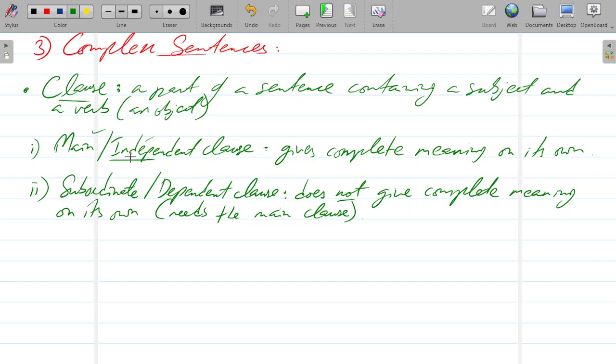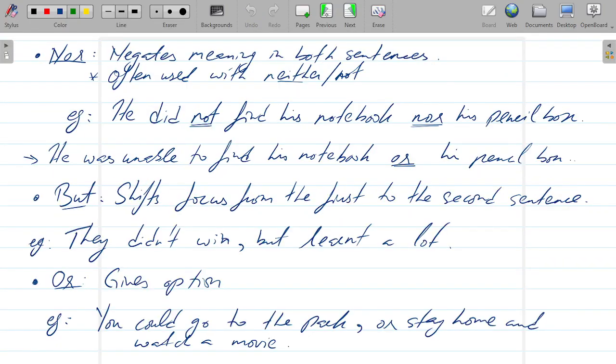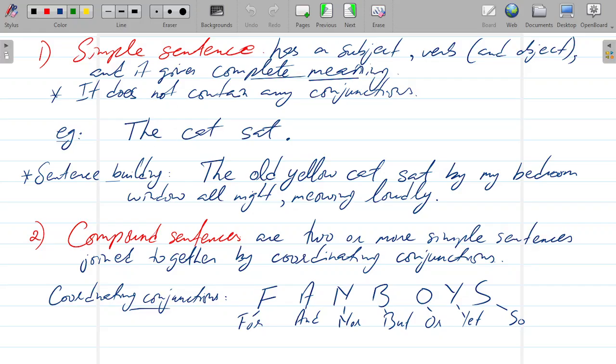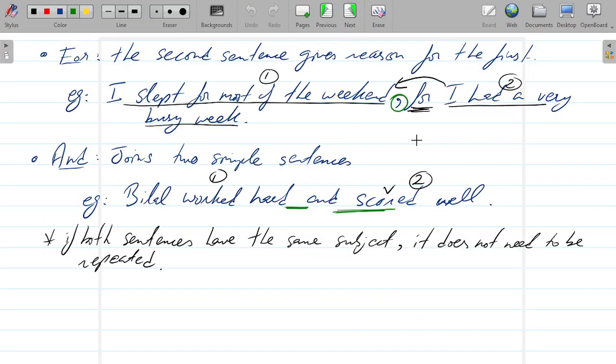Now, we've already come across the main and independent clause. The simple sentences are all main clauses, because they're just complete sentences. They have the subject and verb and object. So all simple sentences are main clauses. And then you've got the compound sentences, which are two simple sentences, so basically all of these have two main clauses clumped together.